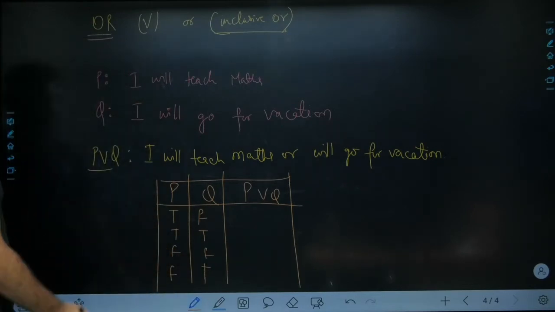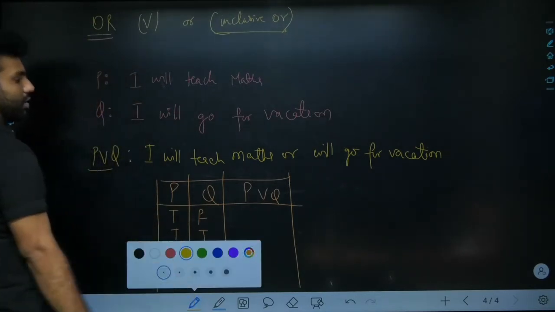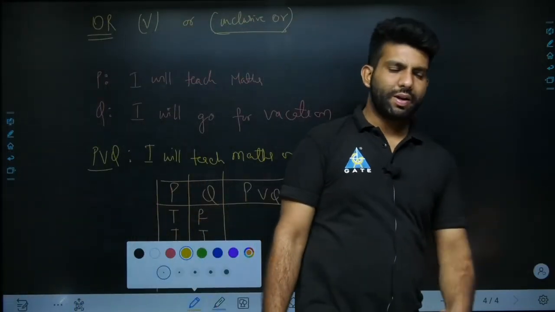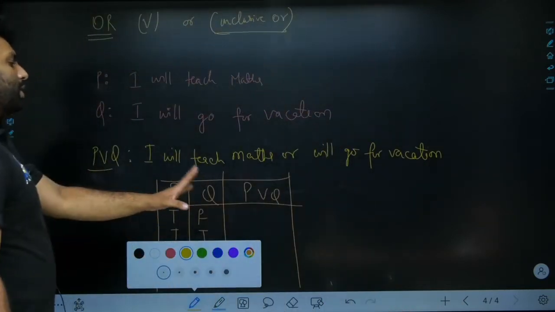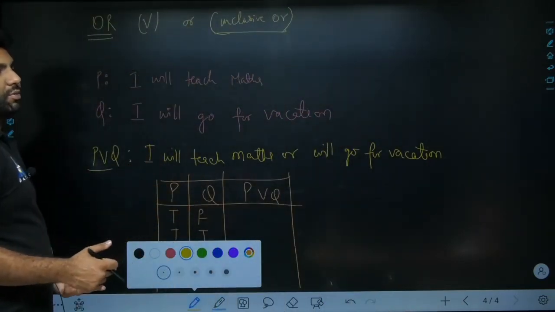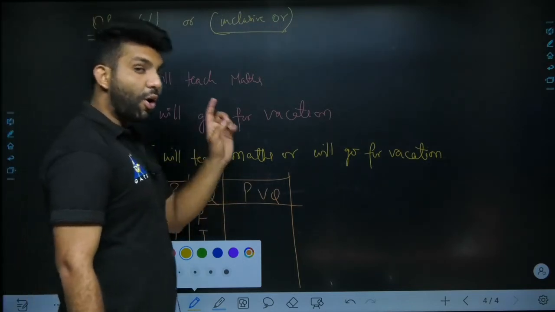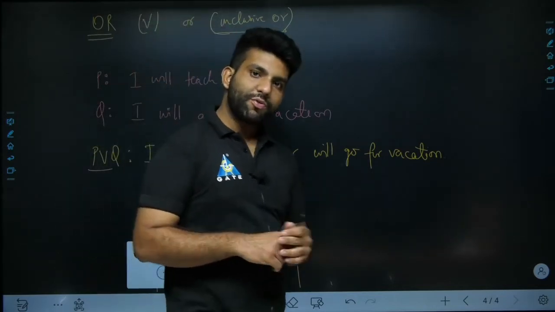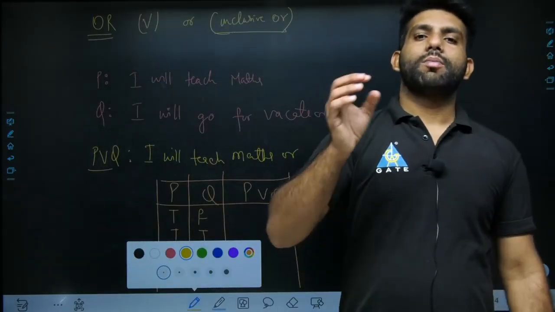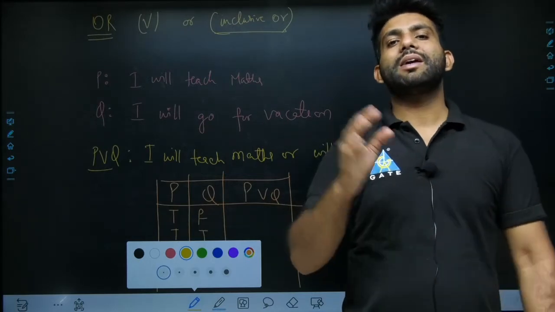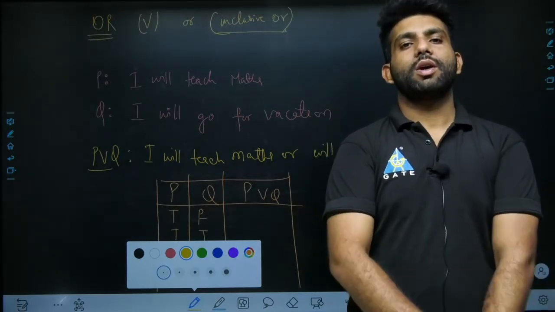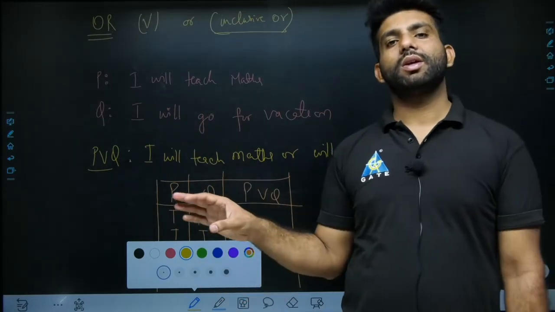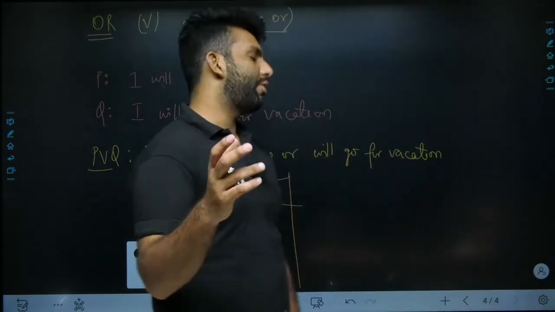So let's see P or Q. So you must know this thing. Or means either side it can be true or both can be true. Okay. So that means P or Q will be false only if both are false, or all the atomic propositions you are using for creating a compound proposition using connective, if all of them are false, then only your compound proposition will be false, otherwise it will always be true.